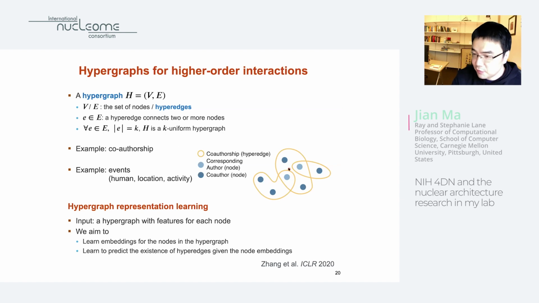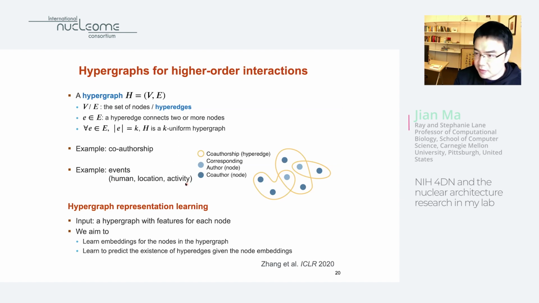So one paper may involve multiple authors. So each one of these yellow circle hyperedges represents a co-authorship relationship. You can also use hyperedges to model events, like human location activity.